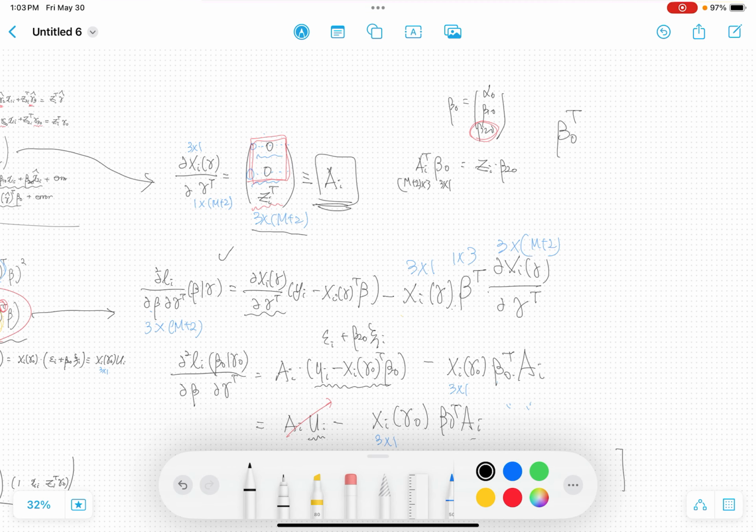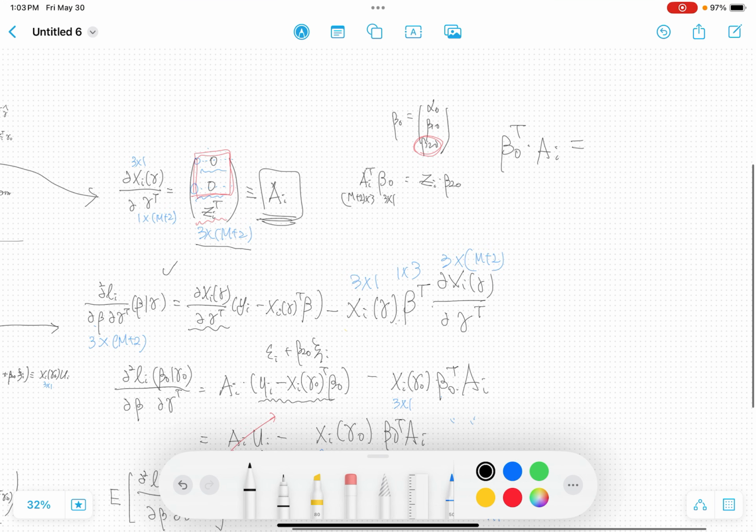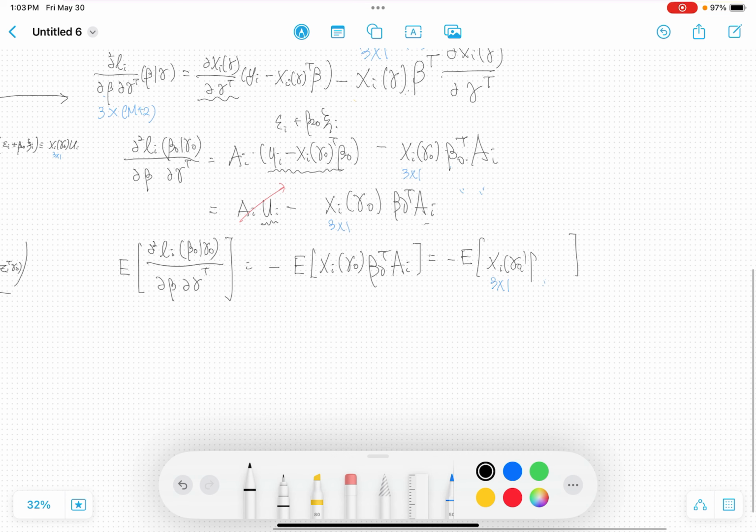beta 0 transpose times AI equals literally beta 2 0 times zi transpose. So beta 2 0 times zi transpose. This dimension is 3 by 1, 1 by 1, and it is 1 by m plus 2, so it is right.